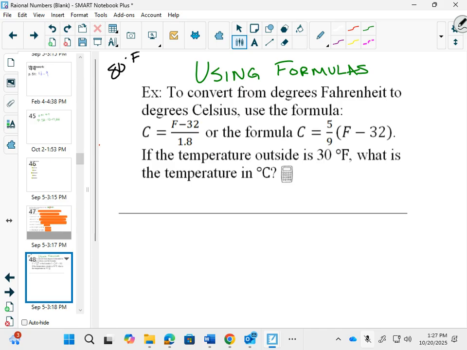If it was 80 degrees Celsius outside, oh my goodness. What would that do to you? People get heat stroke when it's over 40 degrees. If you've done this in science, what happens at 100 degrees Celsius?